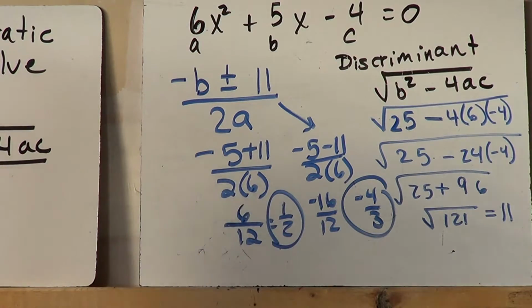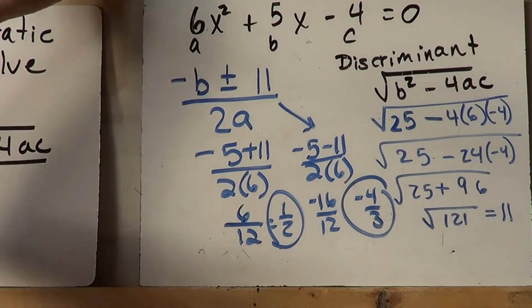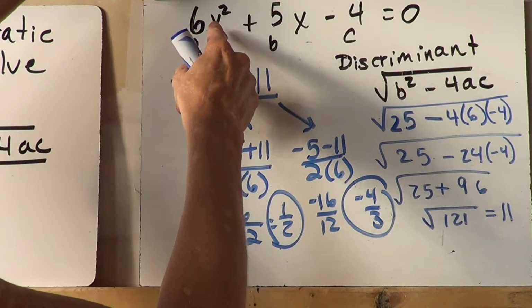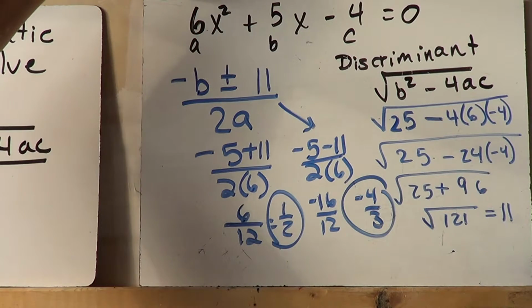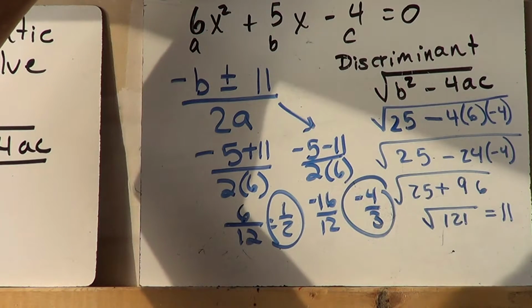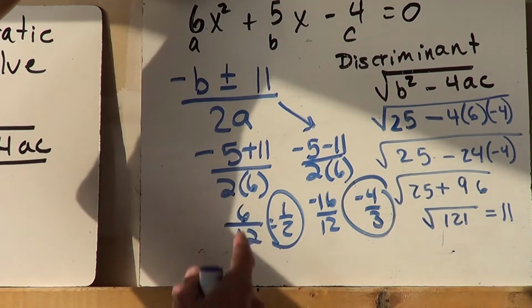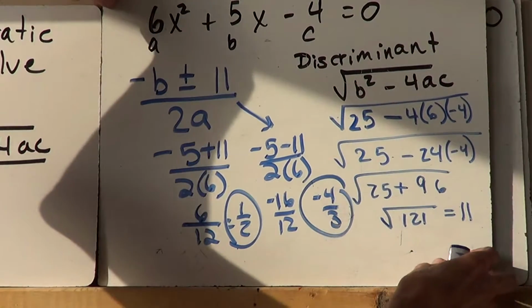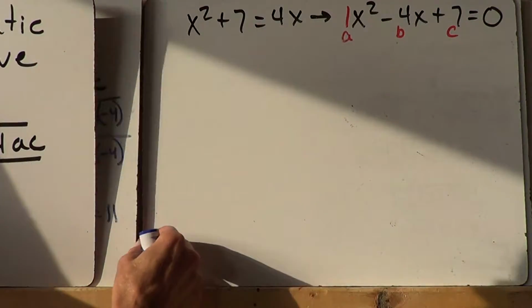Seeing what they are, I'm really glad that I used the quadratic formula. Honestly, let's see, could I have used another one? Yeah, you could have factored. So that wouldn't have been bad either. But I think it's easier to use the quadratic formula, honestly, just to get those fractions.